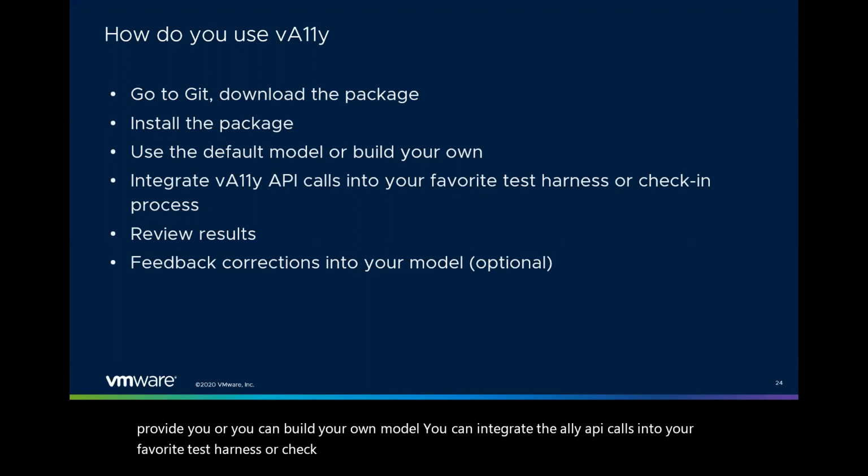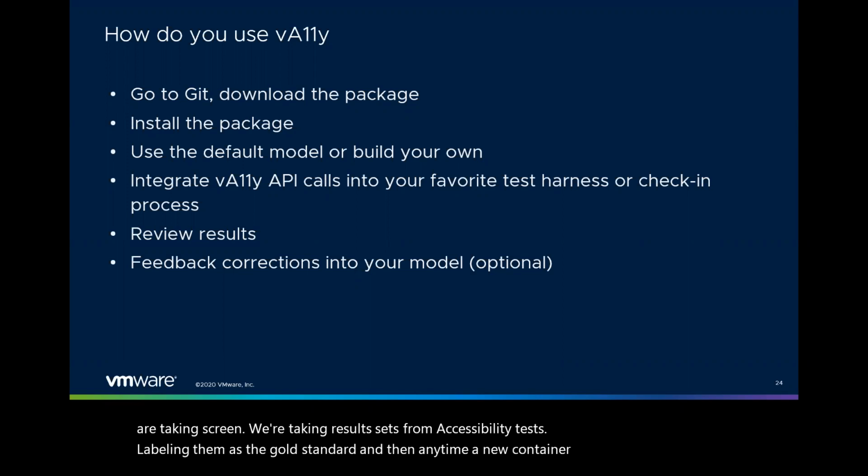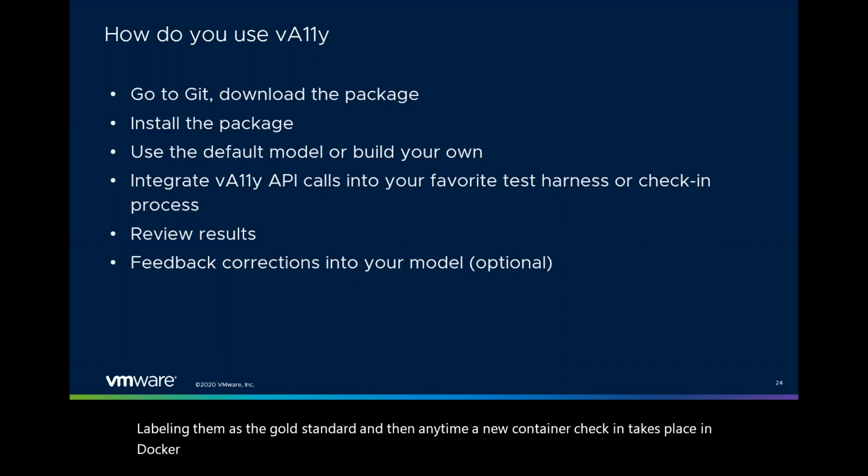One of the things that we're doing at VMware is we're taking result sets from accessibility tests, labeling them as the gold standard. And then anytime a new container check-in takes place in Docker, it will run the tests behind the scenes. And if the code being checked in causes any new tests to fail, that check-in will actually be rejected.